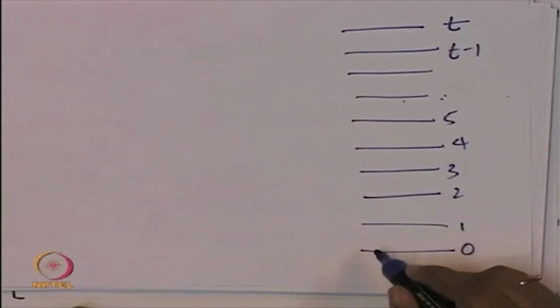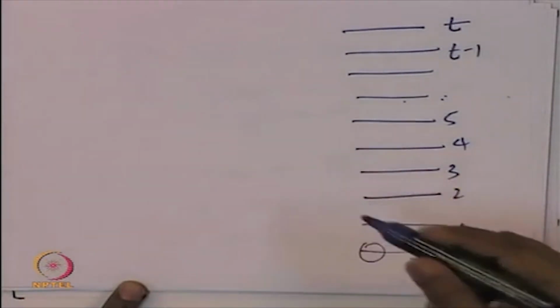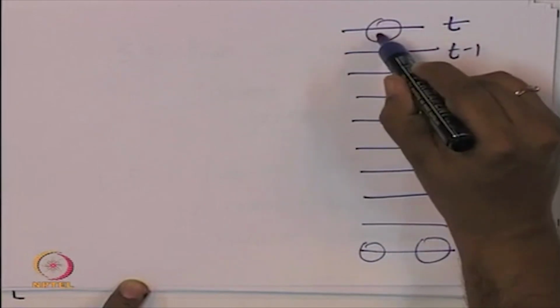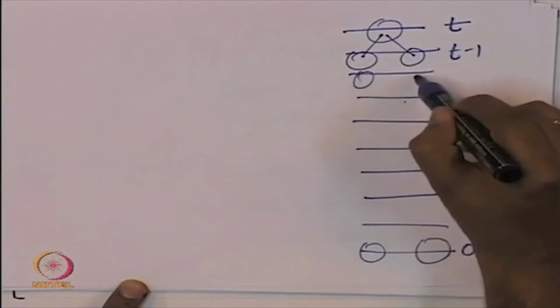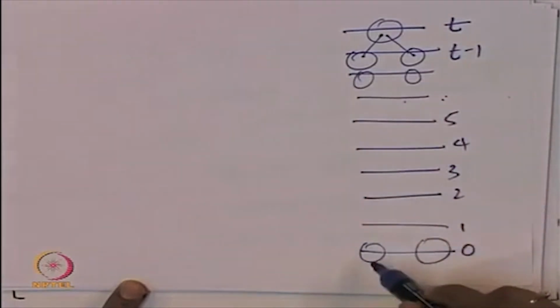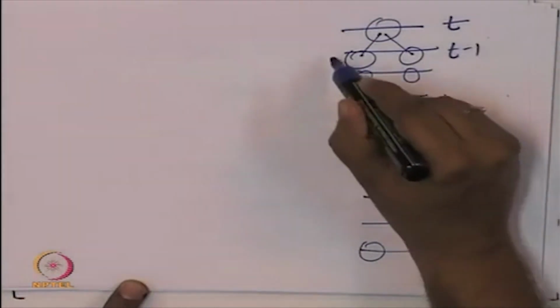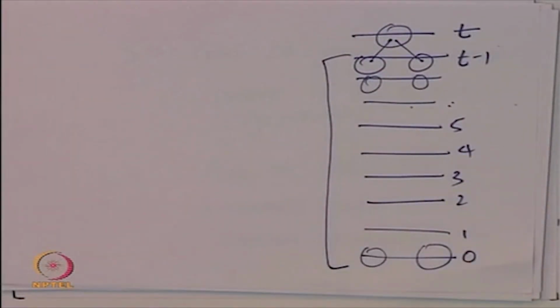So, up to t generations, 2 individuals should not have any common parent, but in the tth generation this gave birth to some this, and then they all gave birth to various offsprings, and then you ended up here. You ask the question, so up to t minus 1 generations you do not want to have a common individual.